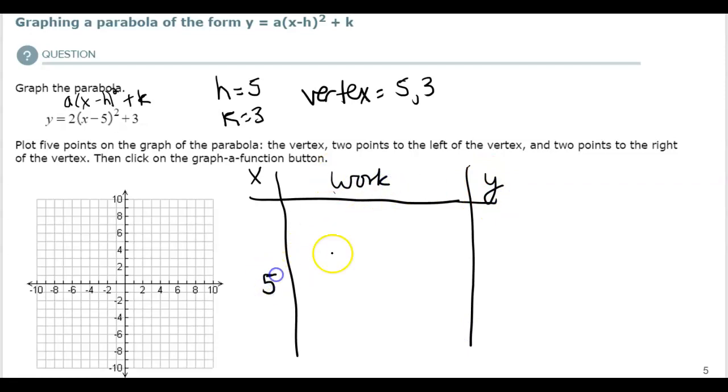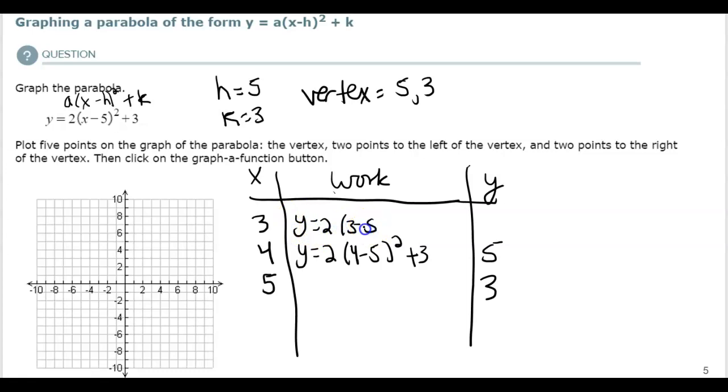So I have 5, 3. I'm going to pick 2 points to the left, 4 and 3 as my inputs, and then I'd put that into the equation y equals 2(4 minus 5) squared plus 3. I get out that, and that would equal 11.